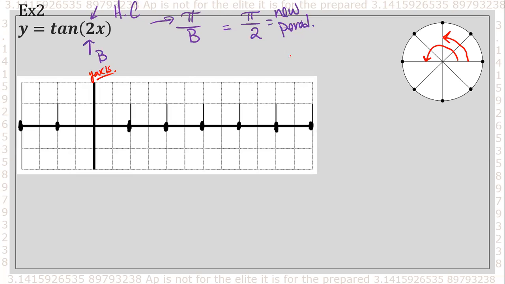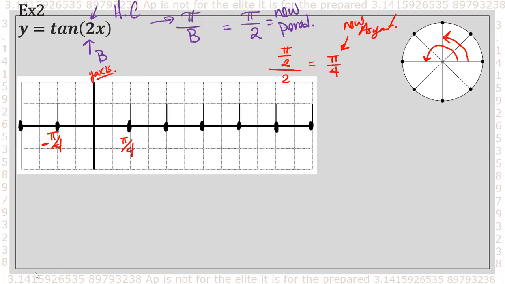So pi over 2 reminds me of 50 cents. If I divide it by 2, my 50 cents become a quarter, right? So it's going to be pi over 4, meaning I'm going to have pi over 4 on the left-hand side and pi over 4 on the right-hand side. Those will be my new asymptotes.